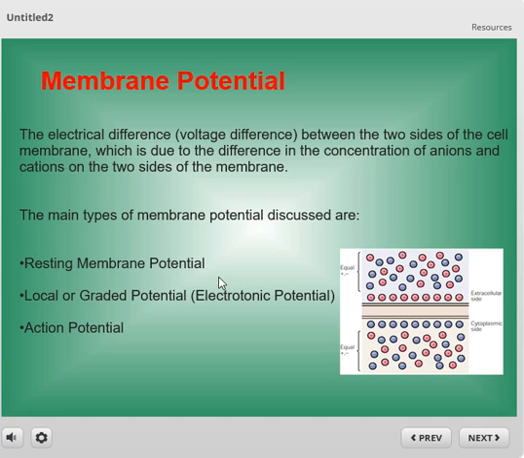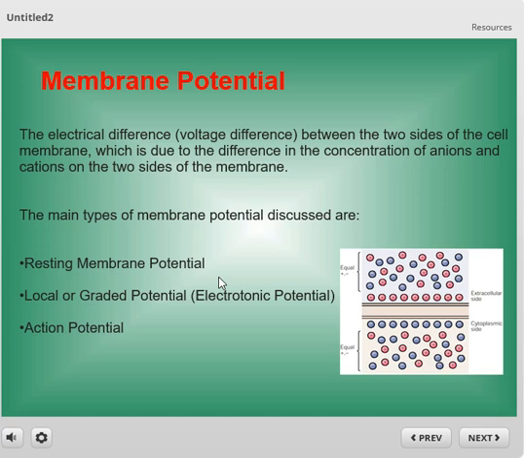For example, the sodium and the chloride concentration is higher in the extracellular fluid, and we have a high concentration of potassium inside of the cell. So this difference in the concentration of anions and cations is named membrane potential.